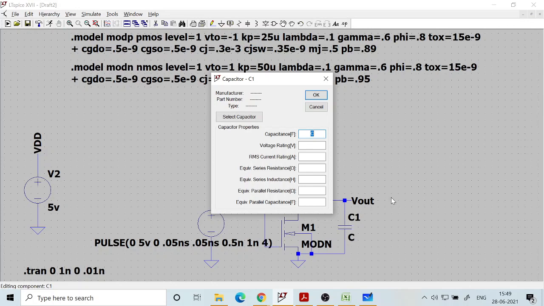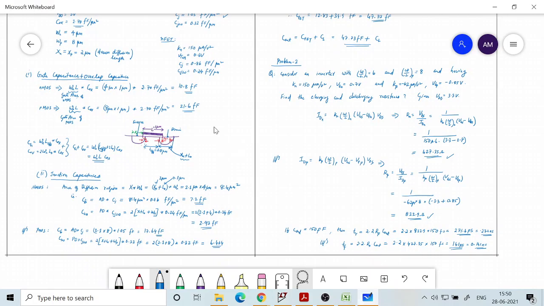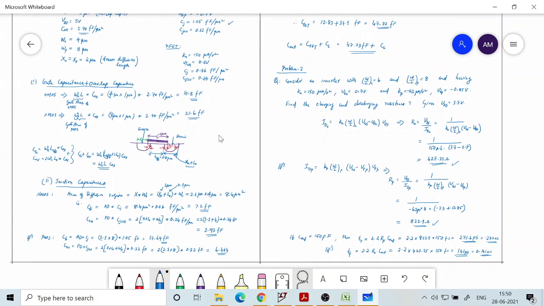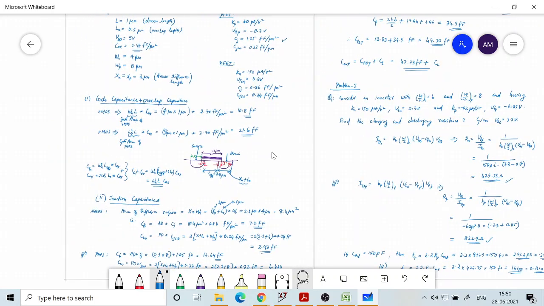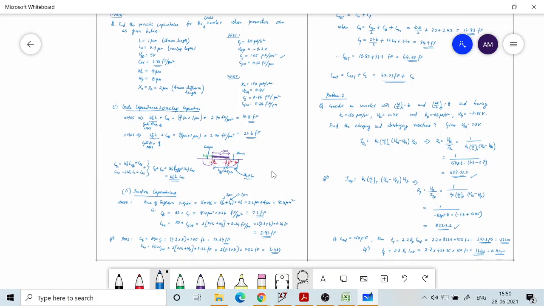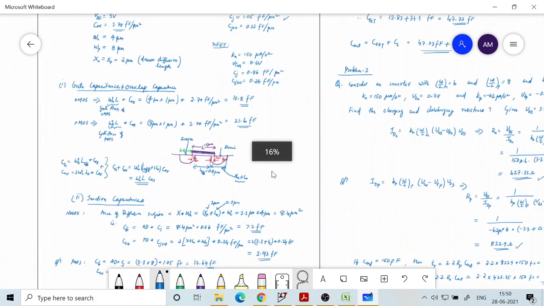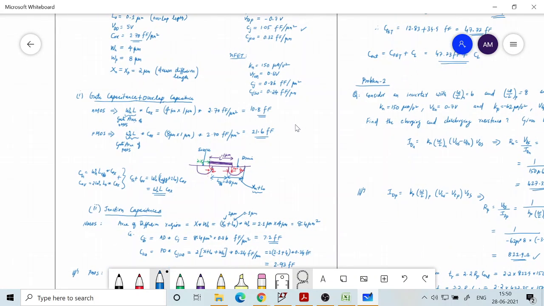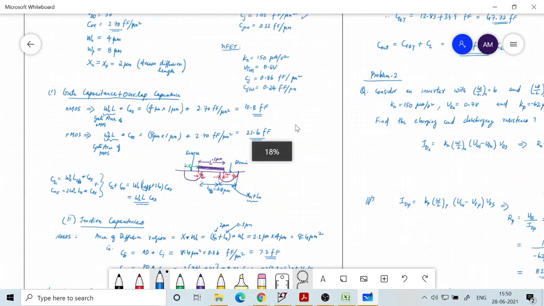So if we are actually connecting this output to the input of another inverter, then we can take CG of rough value. Gate capacitance we earlier obtained for an inverter, NMOS and PMOS, we found 10.8 and 21.